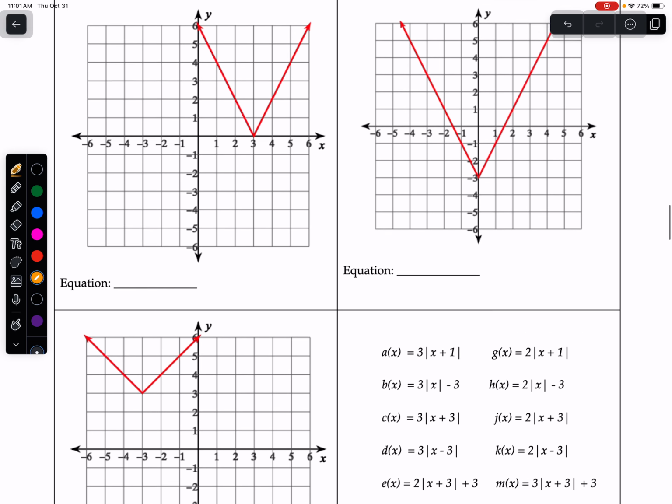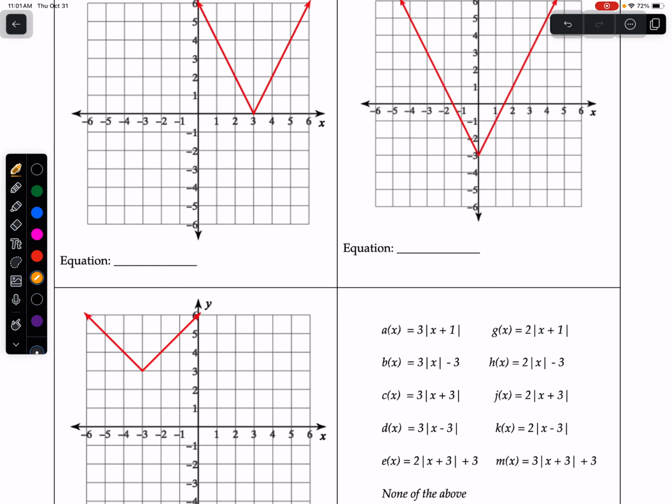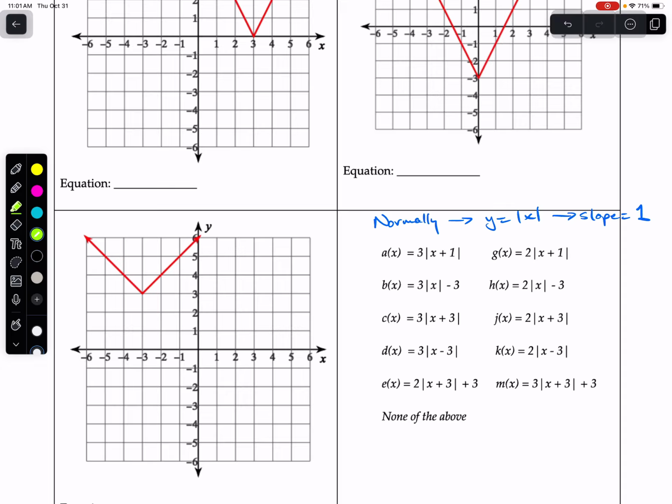Let's notice something. Normally, if we just have y equals the absolute value of x, we have a slope of 1. And so in these cases, here, here, here, here, and here, we have a slope of 3.